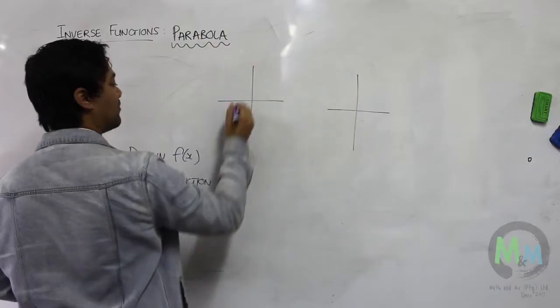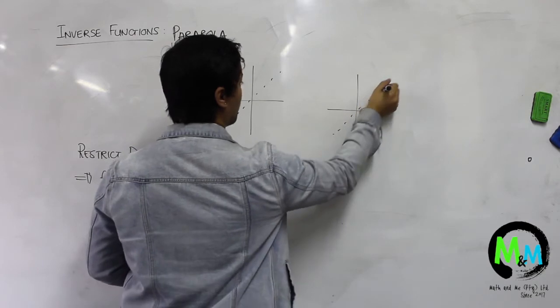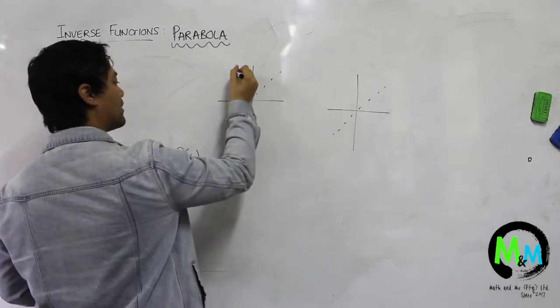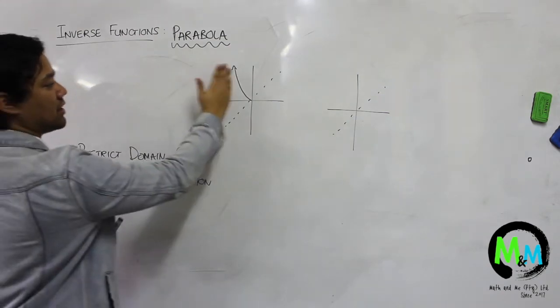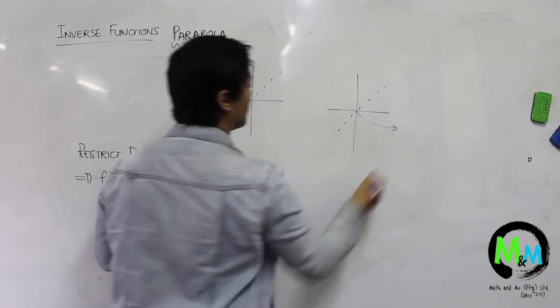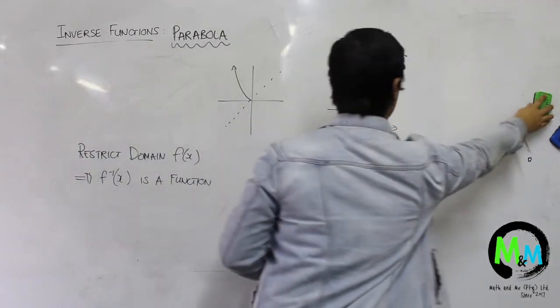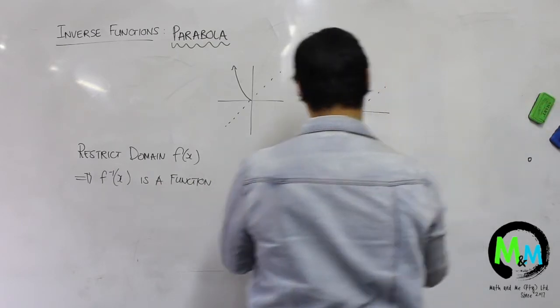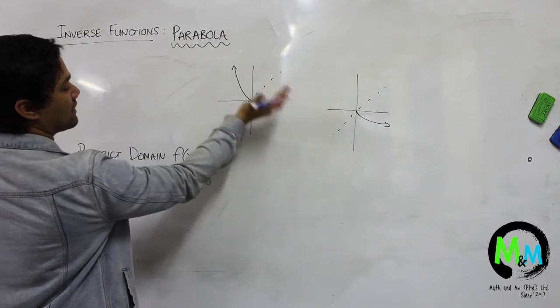Because we are reflecting over the line y equals x, when I had this half of my graph and I reflected over that line, do we see that this is what the inverse will look like? That is what the inverse will look like, because I'm reflecting it over that line.